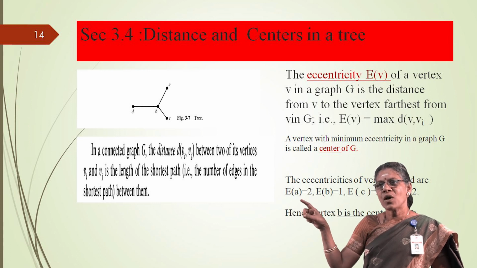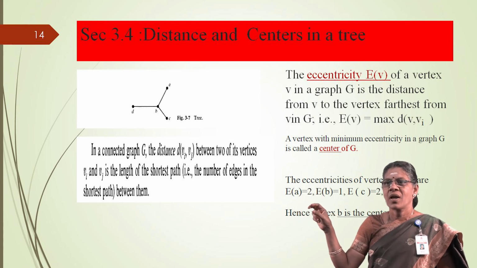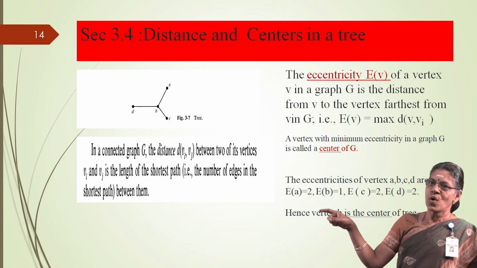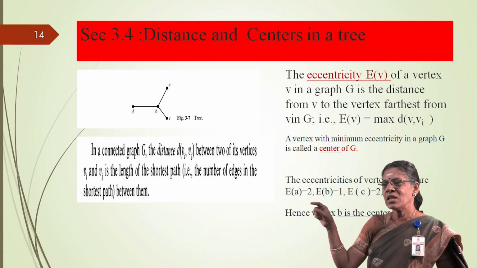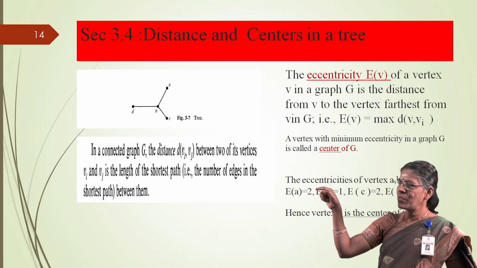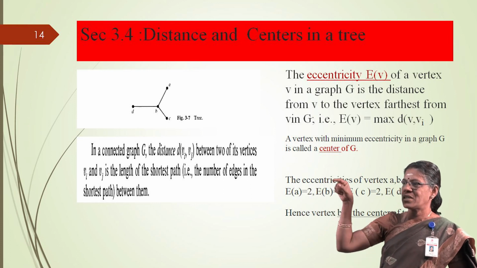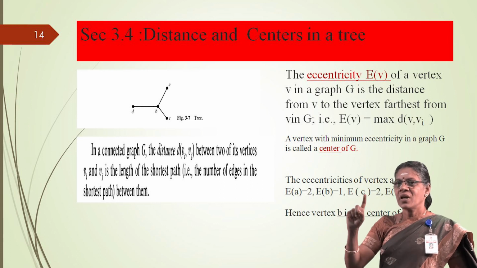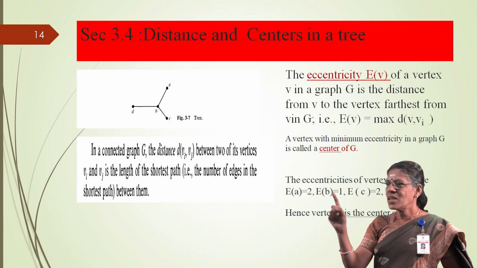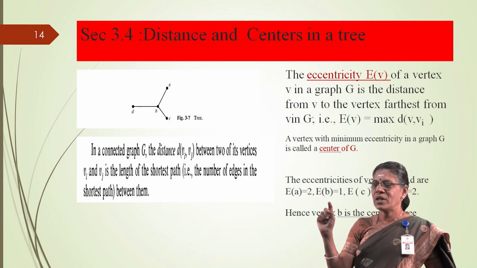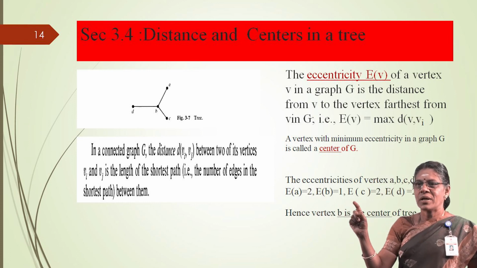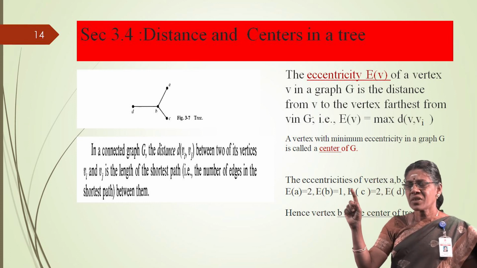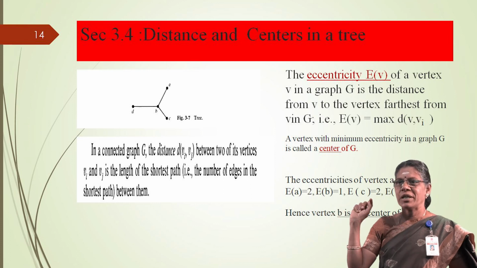So the eccentricity of A is 2. And the eccentricity of B is 1, since we can reach B from any vertex, C to B, D to B, A to B, with only one edge. So the length of the path is only 1. So the eccentricity of B equals 1 only.